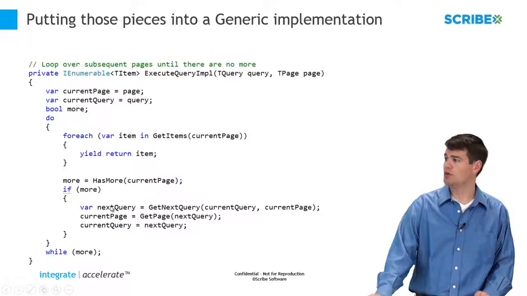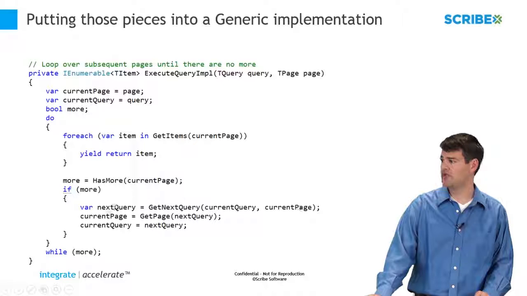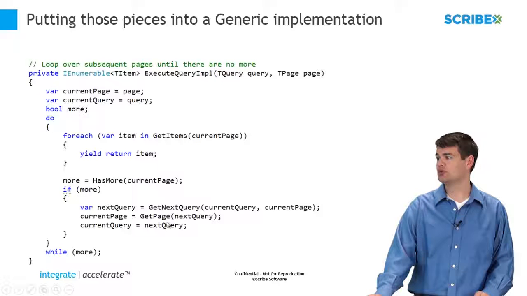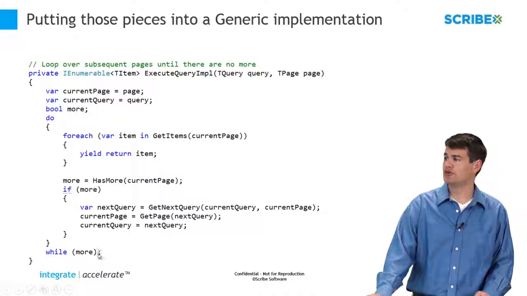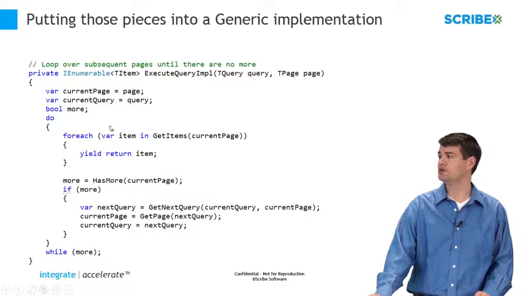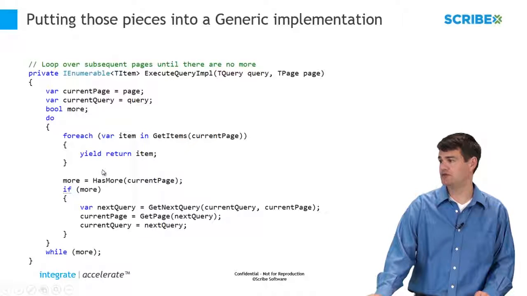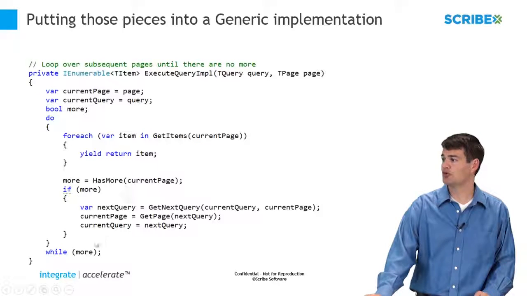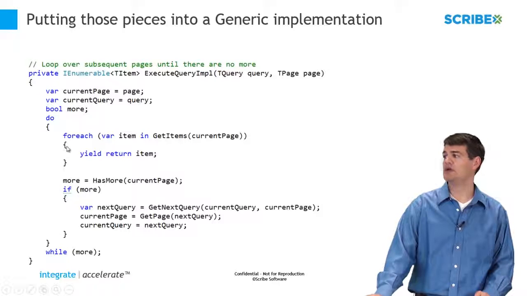If we do have more, we get the next query from the current query and the current page, and then we get the next page and set that to be the current page, and we set the current query to the previous query. Then if we still have more, we iterate over that next page. This implementation is generic for any TQuery, TPage, or TItem, and it performs the mechanisms of a page and query.